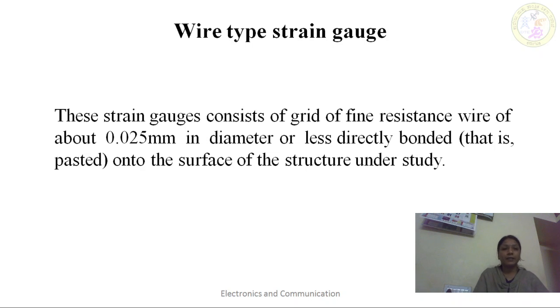These strain gauges consist of a grid of fine resistance wire of about 0.025 mm in diameter or less, directly bonded, that is pasted onto the surface of the structure under study.